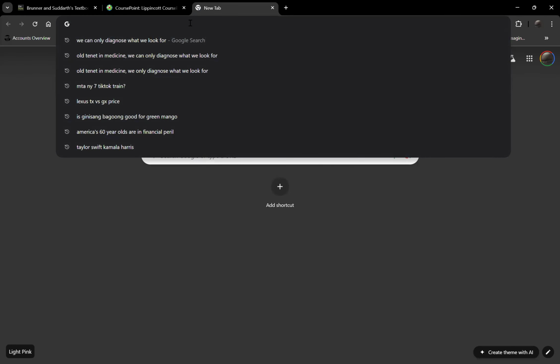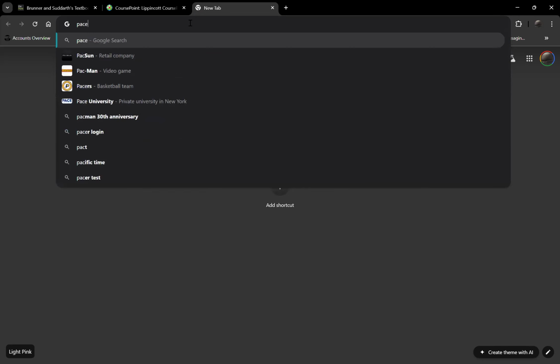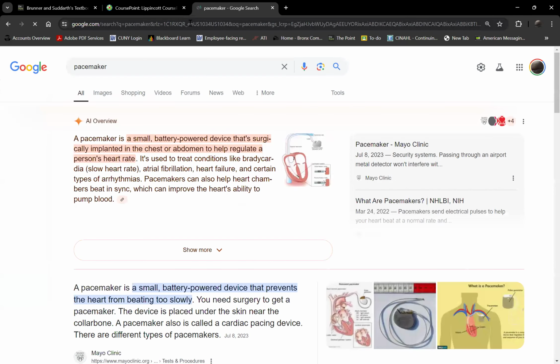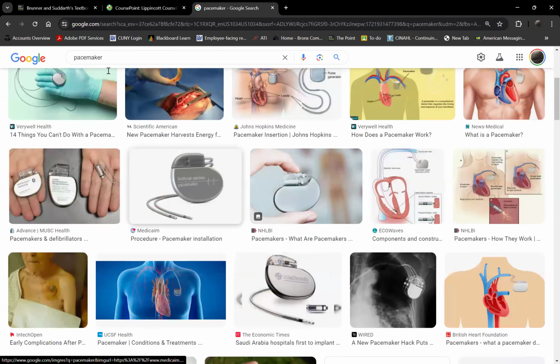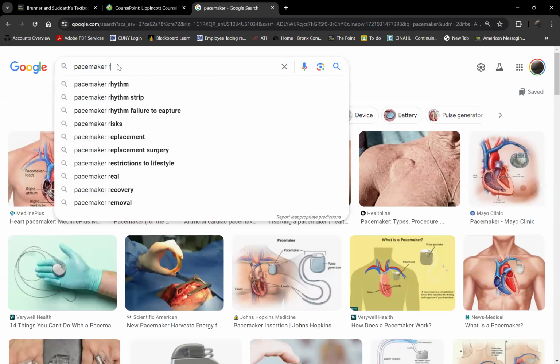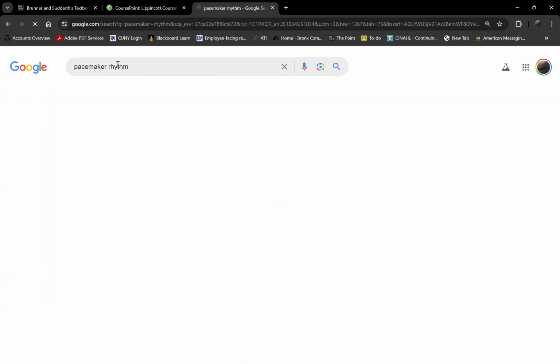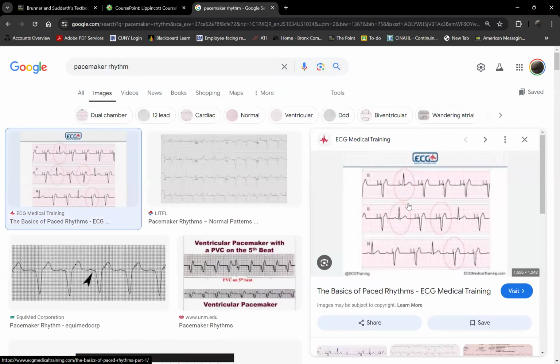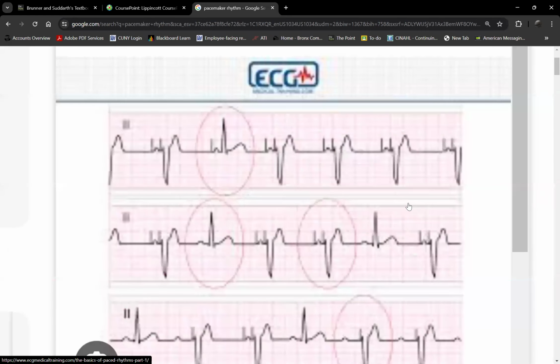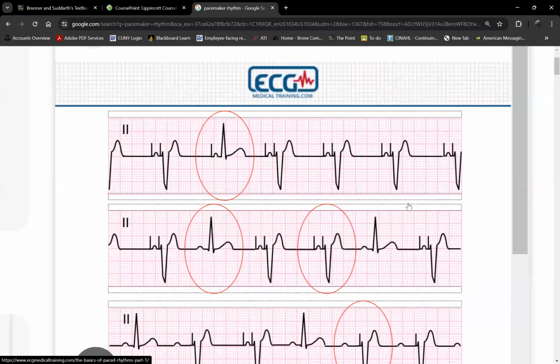So if it's the pacemaker firing, will you see P waves? No. What you'll see are pacemaker spikes.